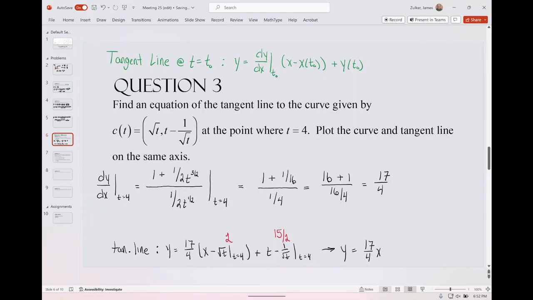Negative 17 halves plus 15 halves. Minus 1. Is that right?